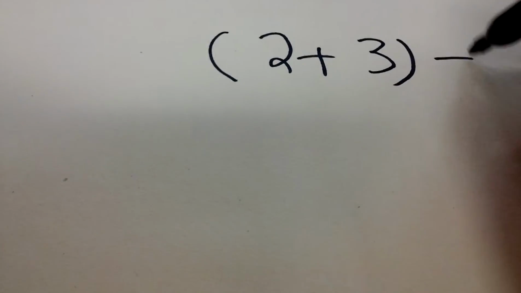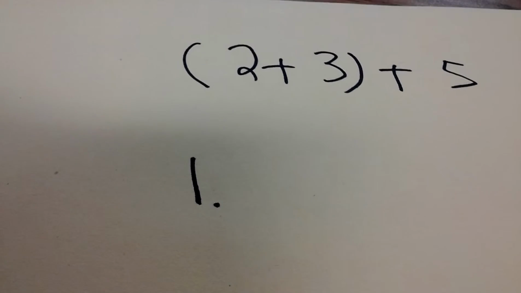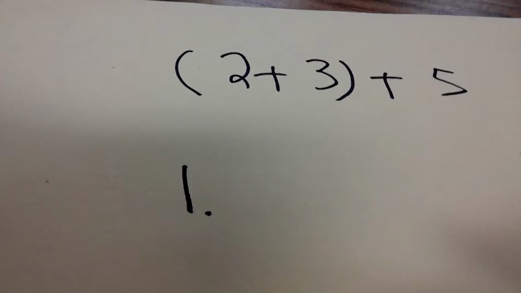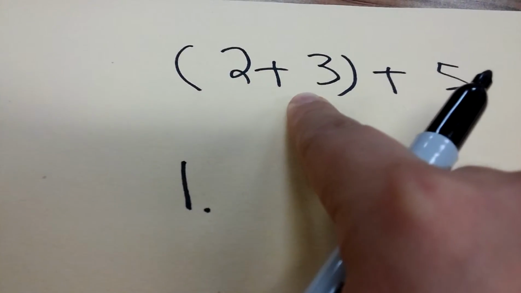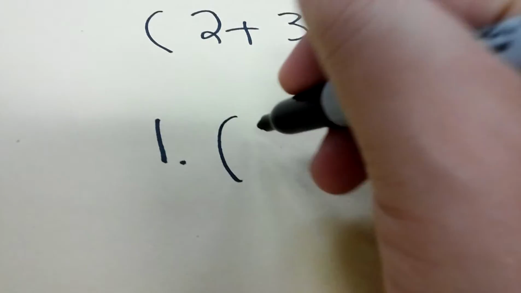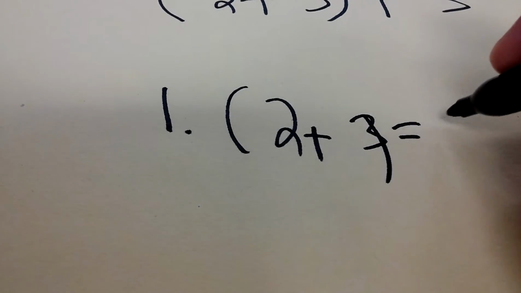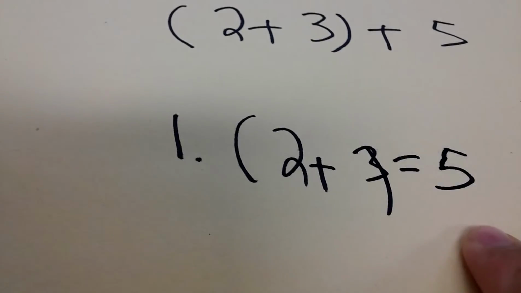What if I had (2 plus 3) plus 5? You tell me, what's the first step? What do I need to solve first in the associative property? Well, the first step, it says I need to solve the parentheses first. So 2 plus 3 is equal to 5, right?